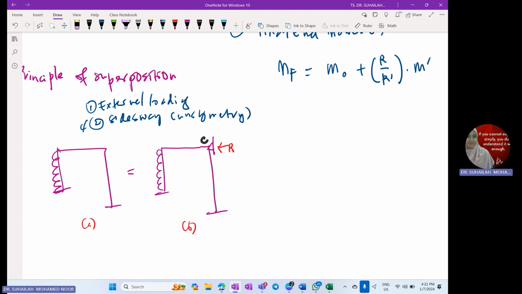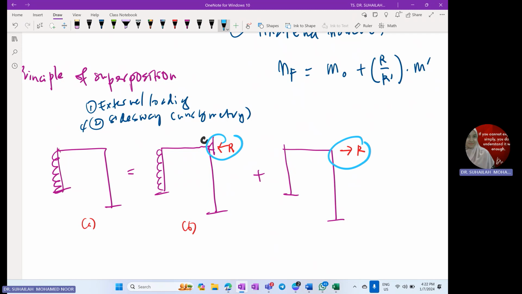In order to neutralize the R, we have to add another frame, and we have to apply R in the opposite direction, so that this will become positive R. This is negative R, this is positive R. Negative R and positive R become 0, equivalent to 0 at the original condition of the frame. Okay, so this is what we call the principle of superposition.